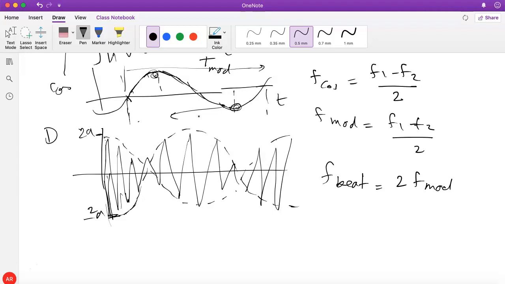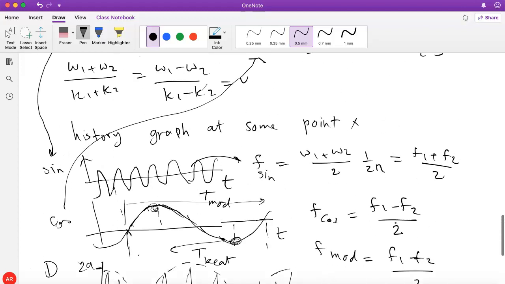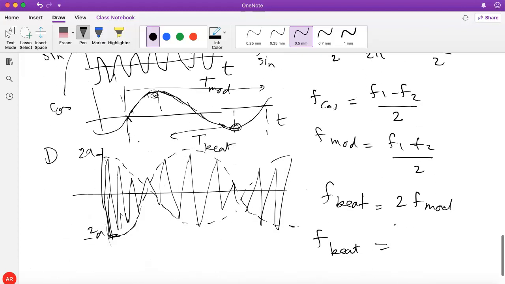So that's T beat, which is half. The frequency is 1 over the period, so it becomes twice. And finally, we end up with this f beat being f1 minus f2.